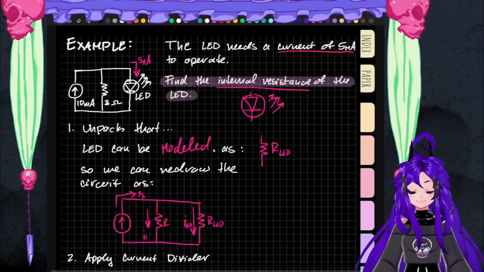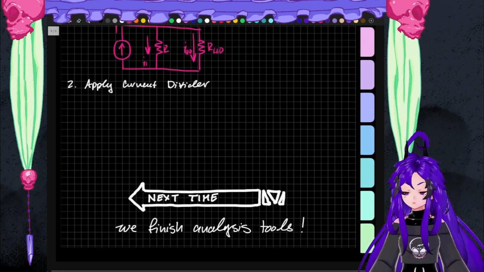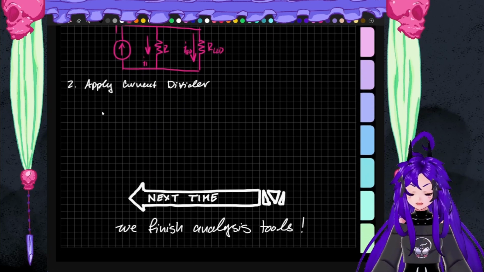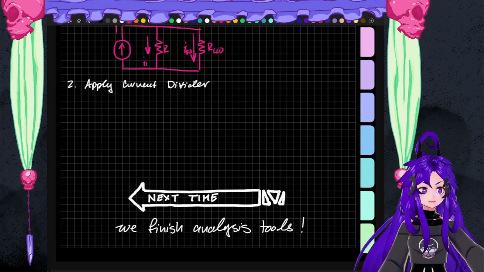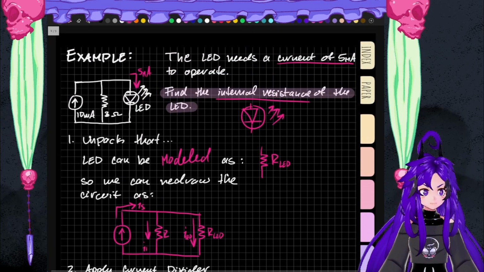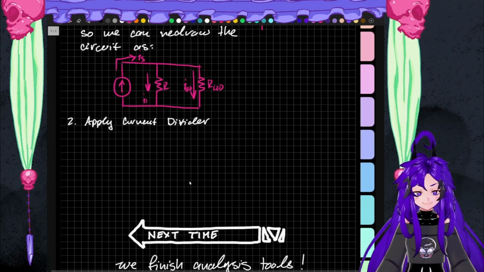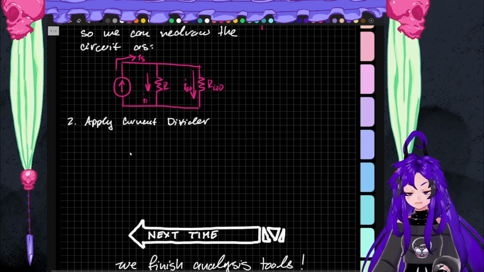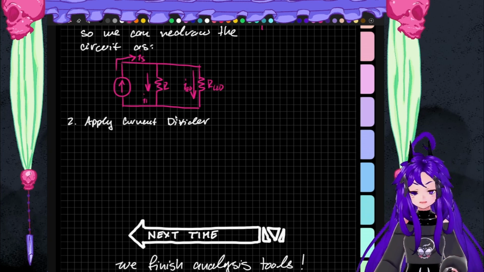So we are going to then just apply the equation. We know what current has to be here. We just need to find the resistance here. To do that, we're going to apply current divider because we weren't given any voltages and I don't want to find them.